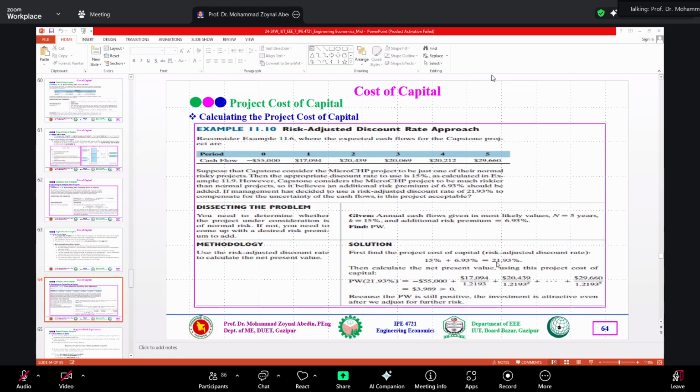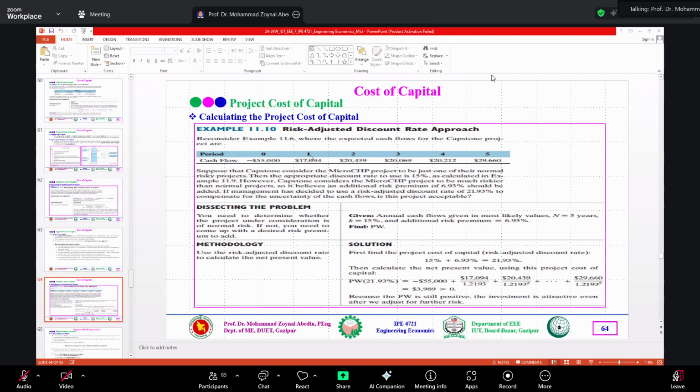R is 0.2193, because each and every time you have to find out the present value. So it is minus A0 divided by 1 plus r to the power 0. So the denominator value will be 1. Something to the power 0 means 1. So this value has come.